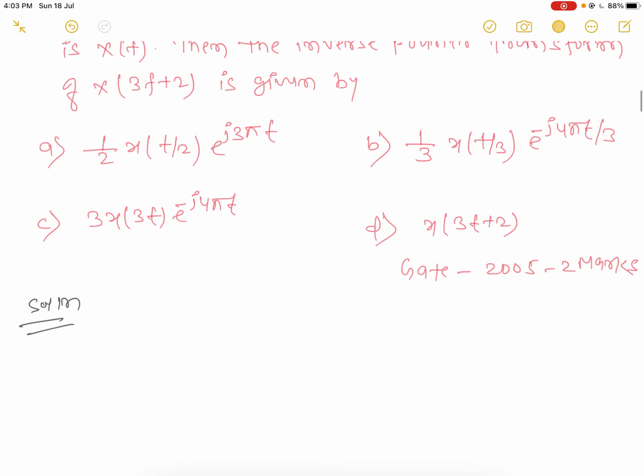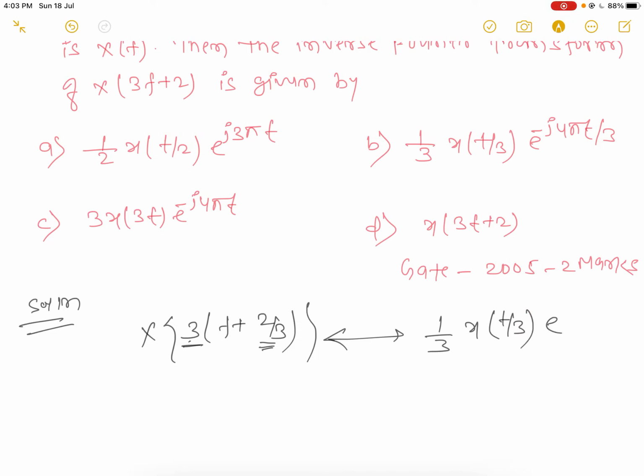Comes to solution. Here is x. First convert it. When you take the common 3, then what will happen? F of 2 by 3. So here the scaling is 3 units and the shifting is 2 by 3. So its inverse Fourier transform will be 1 by 3, because of the scaling, 1 by 3 x of t by 3, and e to power, here it is positive, so it will be negative, e to power minus j 2 pi t into 2 by 3.